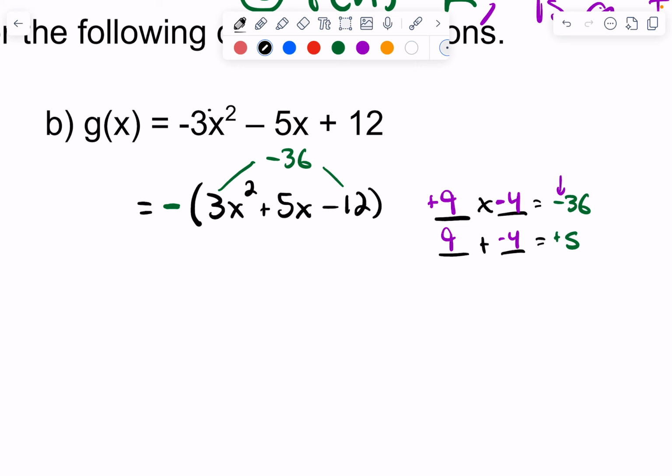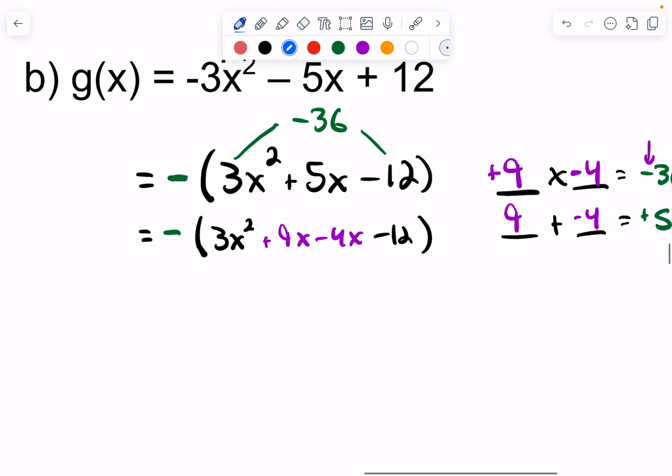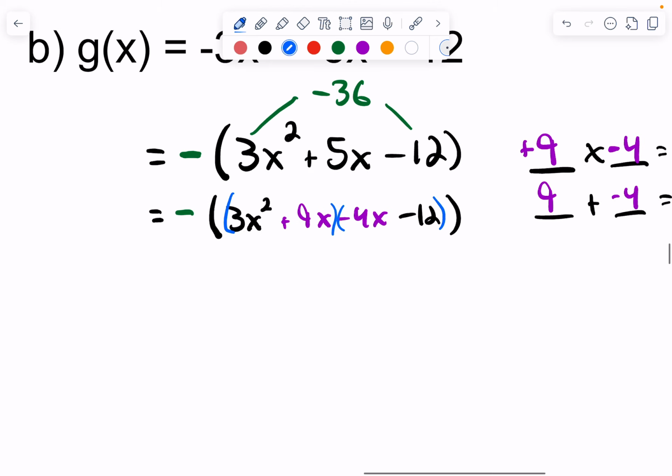So you decompose the middle term, and again, you factored out that negative in the beginning. So 3x squared, and this becomes now plus 9x minus 4x minus 12. Do your grouping, and factor out your GCF from both brackets. So in the first bracket, I can pull out a 3x. That would be my GCF there.